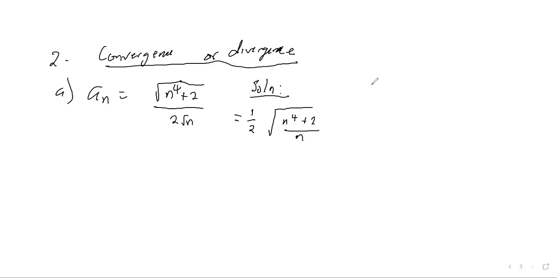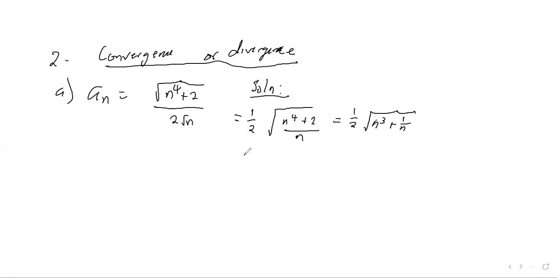And then if I divide the n inside, I'm getting something like 1/2 the root of n^3 plus 1/n, like that.